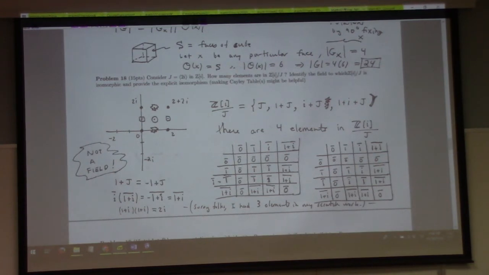Wait, and so because it's not a field, you can't find a field that is isomorphic to it. So, isn't it just the Klein 4 group? Which is isomorphic to Z2 cross Z2, right?